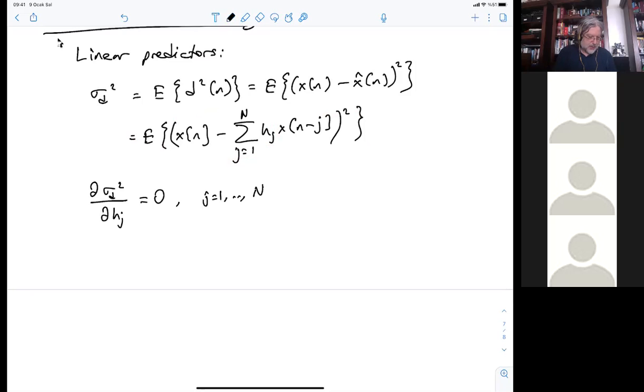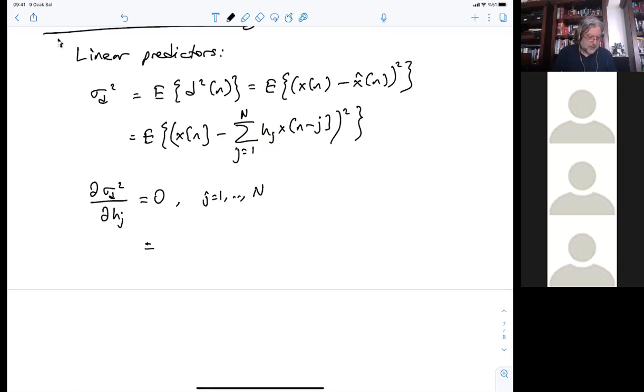And how can we do that? There is a square term here, and inside it we have this h_j. So how do we take the derivative with respect to h_j here? We have to use the chain rule for differentiation.